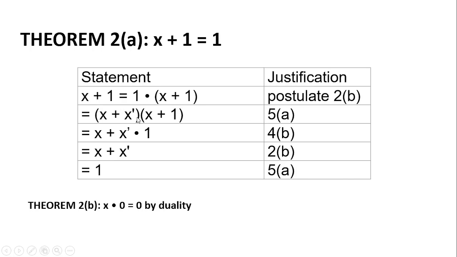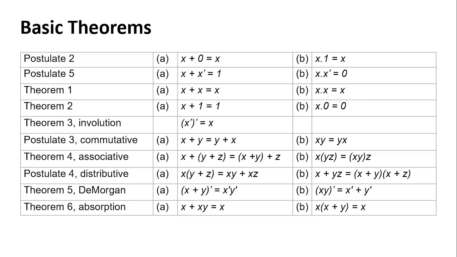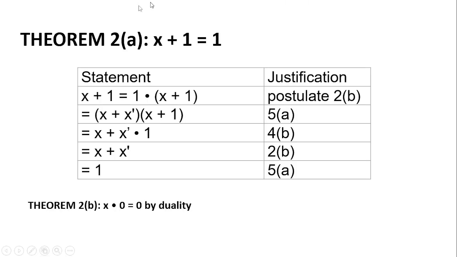Now we know the theorem, that is 4b. If you look at 4b over here, what does it say? x plus y, x plus z: take x common and put y and z together.